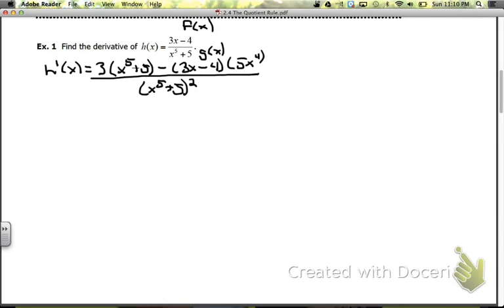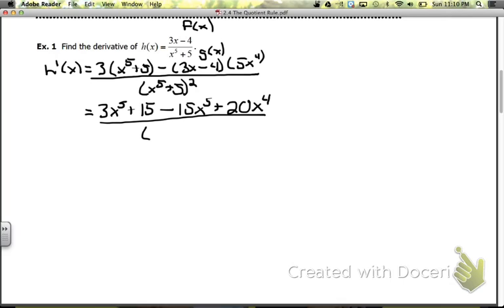Now in our numerator, we're going to expand, so we have 3x to the power of 5 plus 15 minus 15x to the power of 5 plus 20x to the power of 4, all over our x to the power of 5 plus 5 all squared.